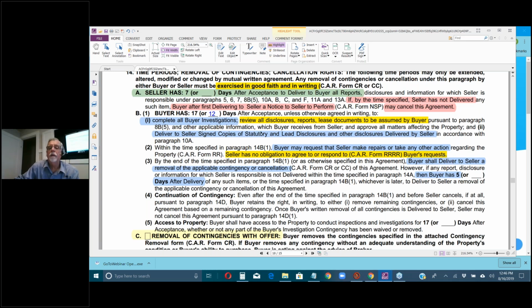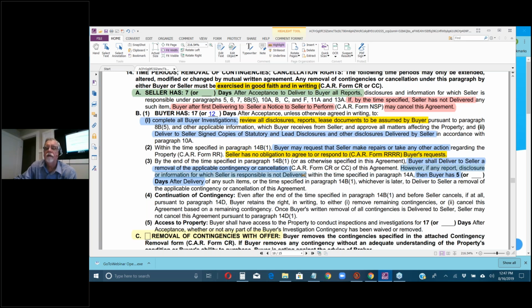By the end of the time, the buyer shall deliver to seller removal of the contingency or cancellation. However, if any report, disclosure, or information for which seller is responsible is not delivered, then the buyer has 5 days.